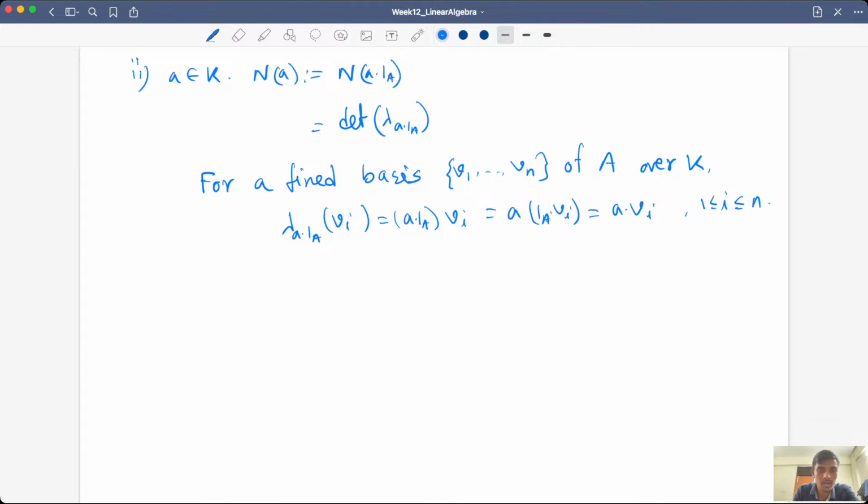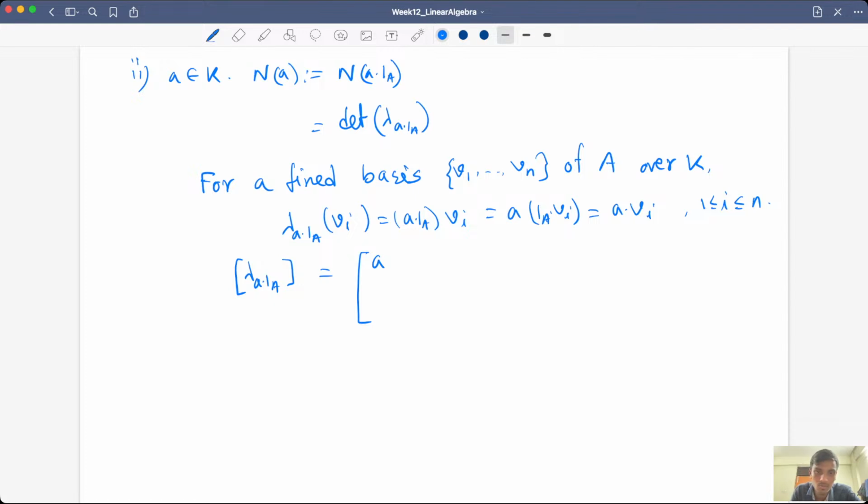So if I write the matrix of this linear transformation, for v1 it is a at the 1st position, and for vi it is a at the ith position.